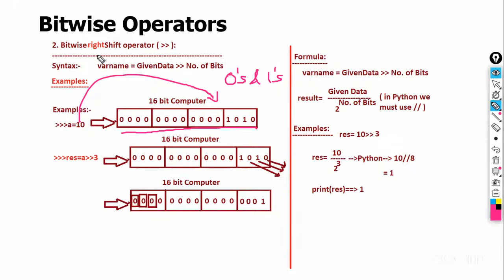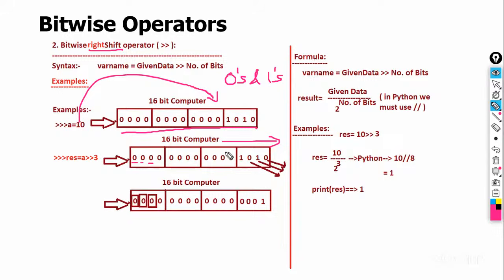So what operator are we using? Right shift operator. A right shift operator has to shift the bits towards which side? Right side. If I shift these bits, zeros and ones, towards the right side, towards which side will we have spaces? The gaps we'll have at the left side.